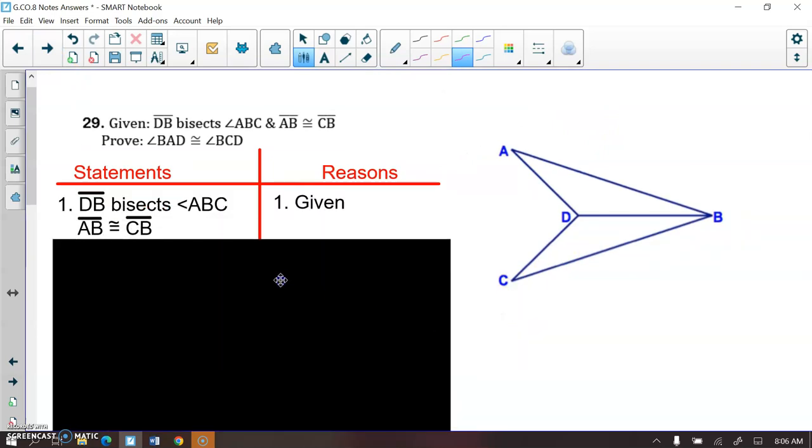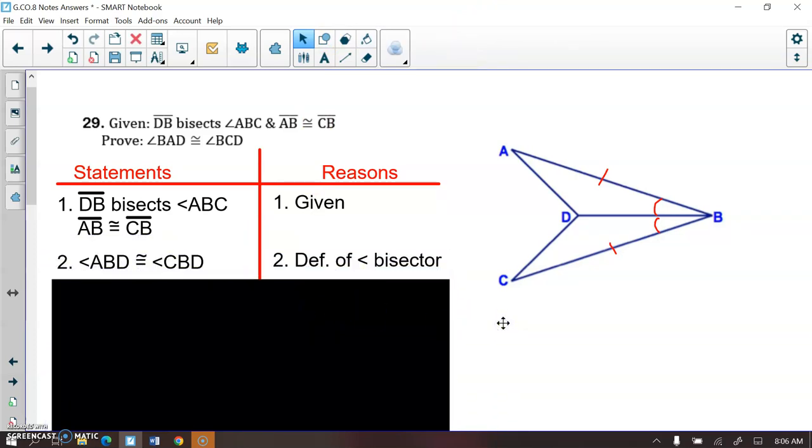I have my given, DB bisects angle ABC, and I know that AB is congruent to CB. So if I know that DB bisects angle ABC, that would mean that angle ABD and angle CBD are congruent, but I do need to state that in my proof.